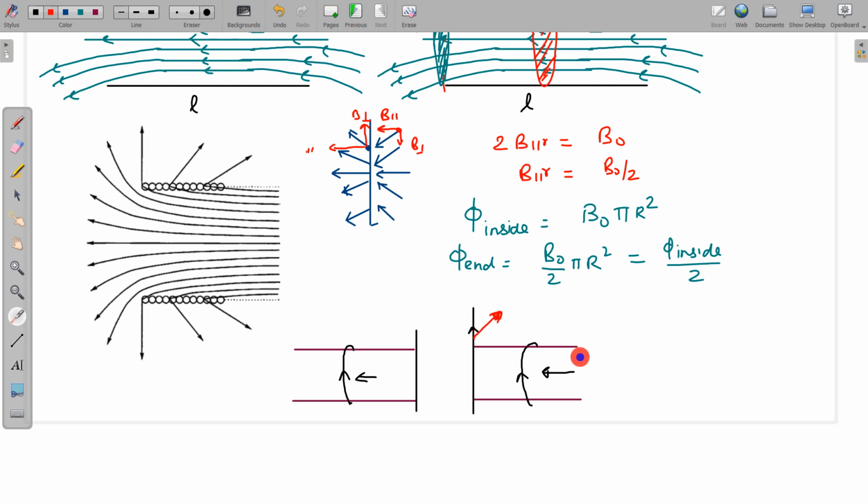It should enter something like this. So we can make out that the magnetic field here should be something like this. If I am assuming here it is something like this, then here it should be something like this.